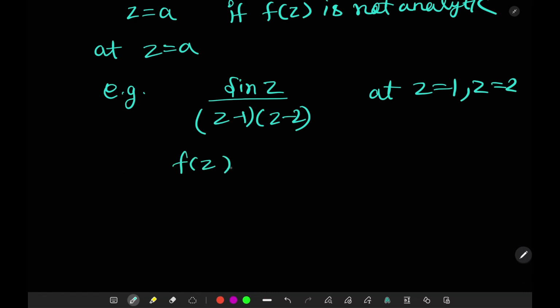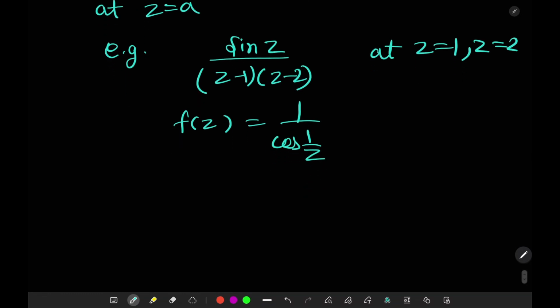For f(z) equals cos 1 by z, this function has singularity at 1 by z equals (2n plus 1) pi by 2.